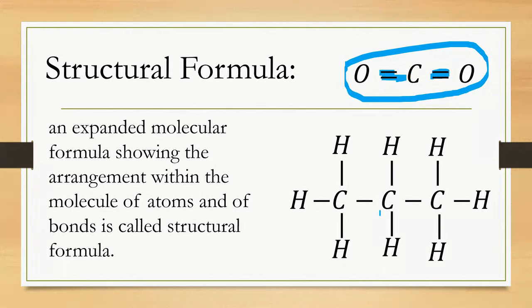On the other hand, in the propane molecule, three carbon atoms are attached to each other by single bonds, and the rest of the bonds of carbon are attached to hydrogen atoms by single bonds.